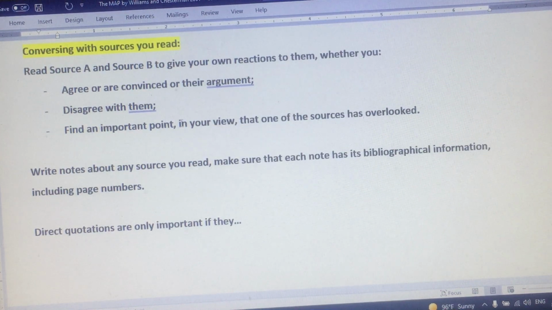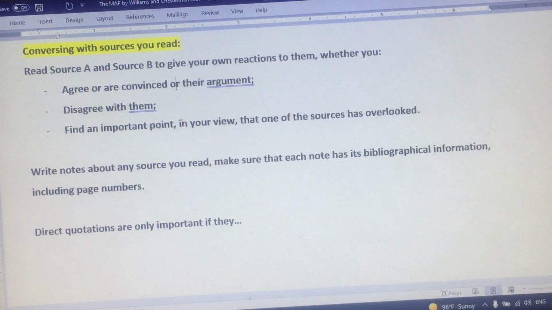Another very important thing when you're reading a book or a journal by a scholar is that you need to write notes. It is extremely important to write notes about any source that you read.